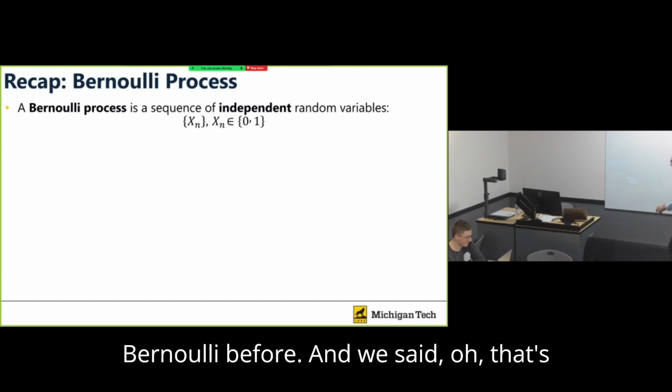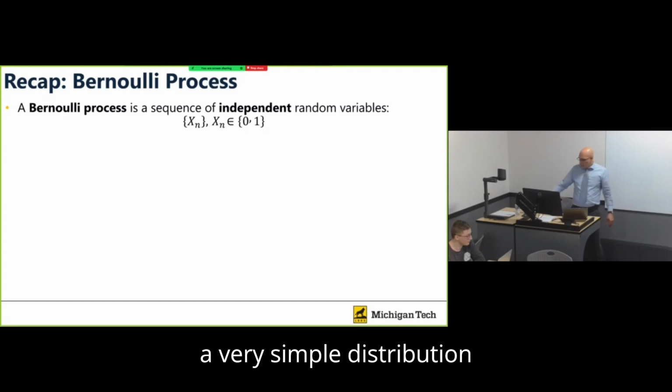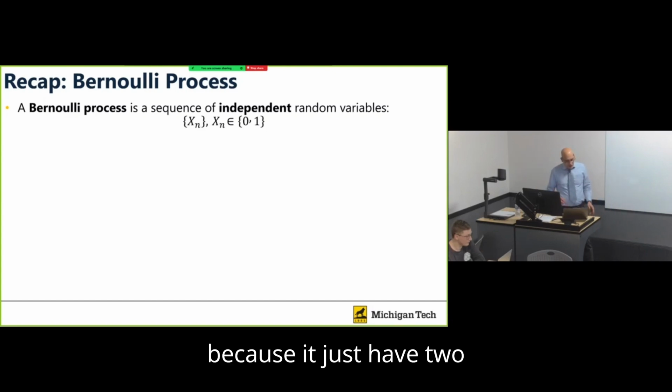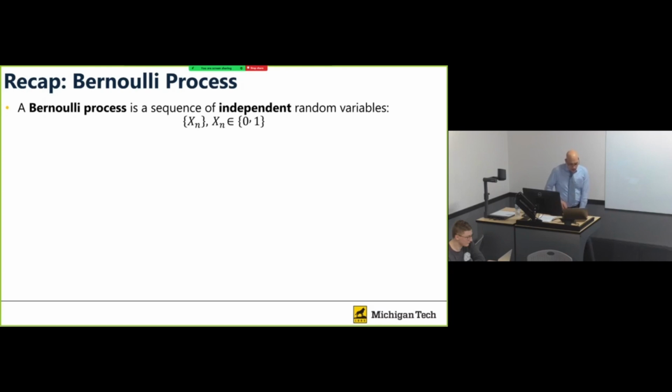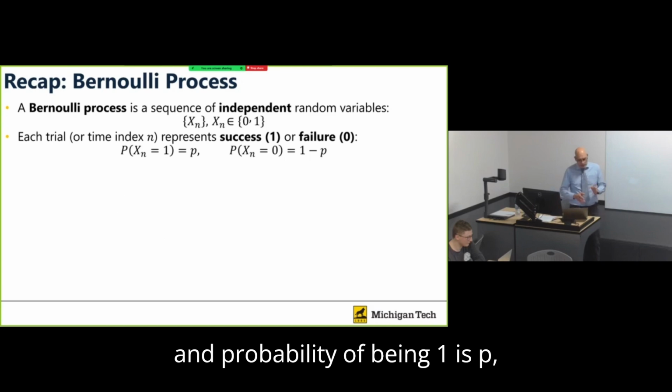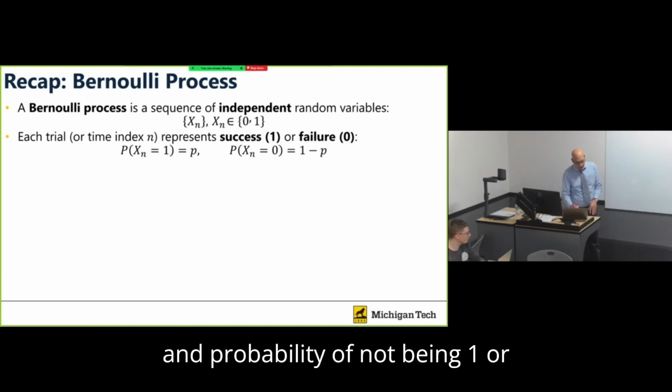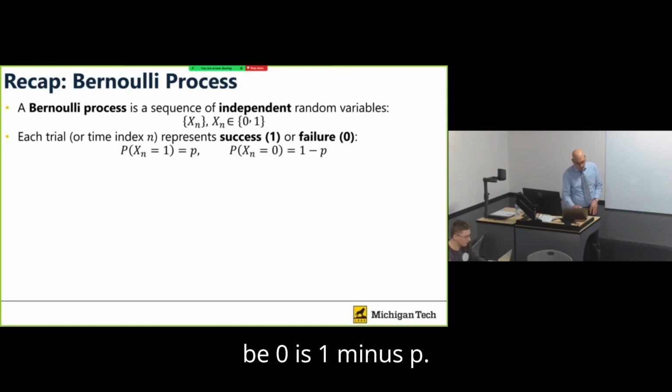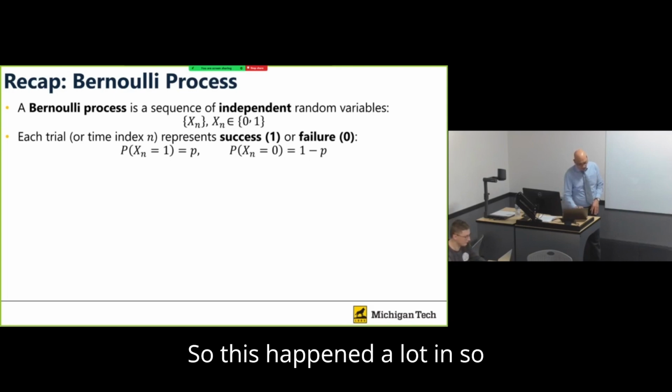We talked about Bernoulli before, and said it's a very simple distribution because it just has two outcomes, 0 and 1. The probability of being 1 is p, and the probability of being 0 is 1 minus p.